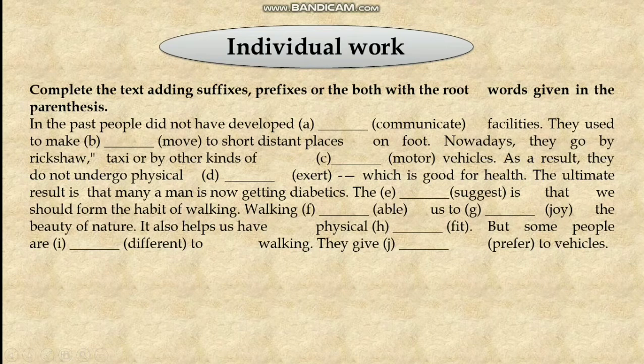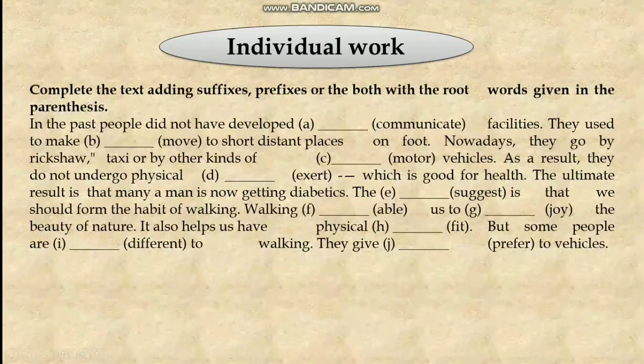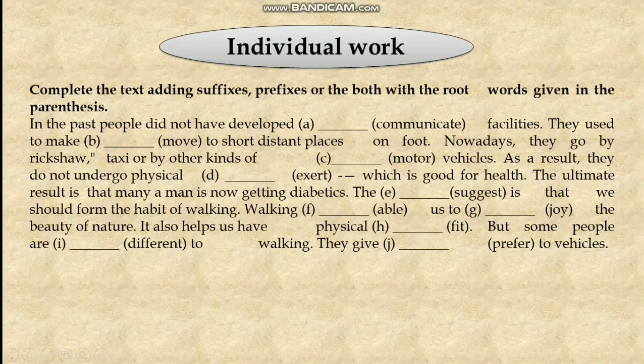Walking enable us to enjoy the beauty of nature. Walking enable us. Here a verb is needed, because without a verb a sentence is impossible. And if we turn the word able into a verb, it will be enable.